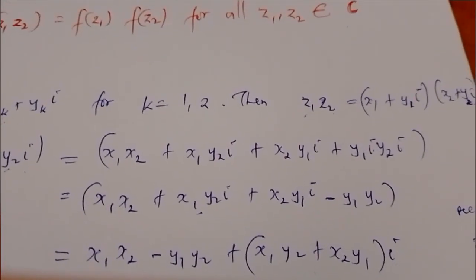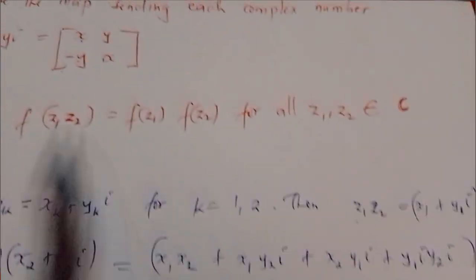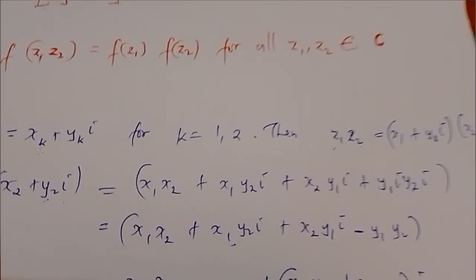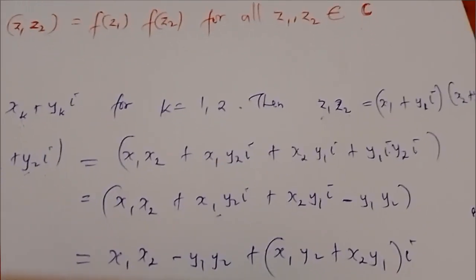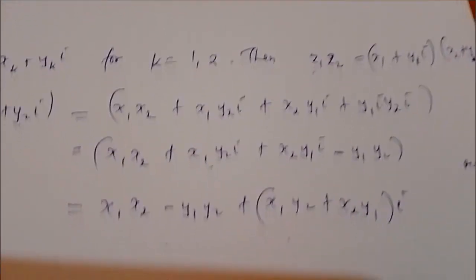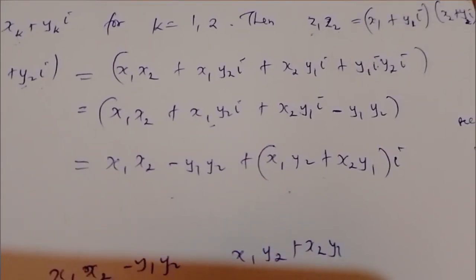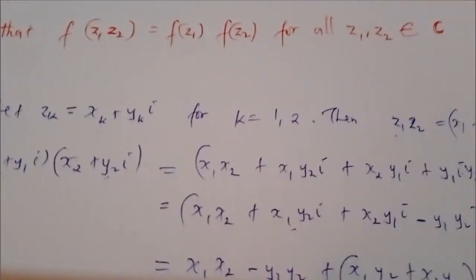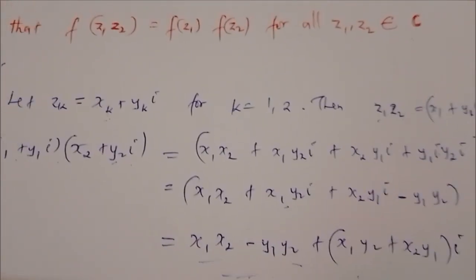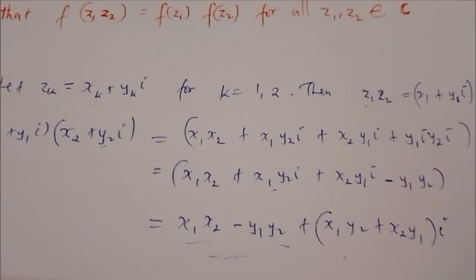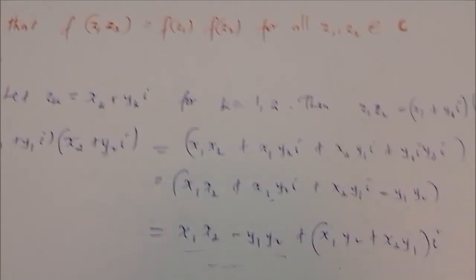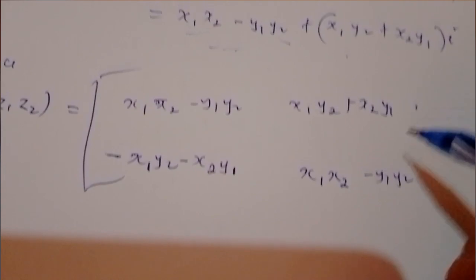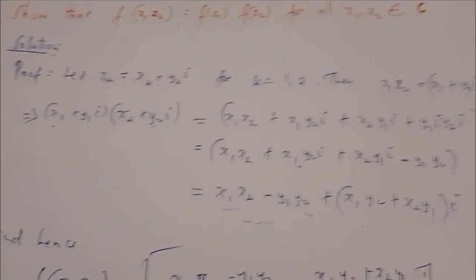Then here the negative of this, so it is minus x1 y2 minus x2 y1. Then here the real part, x1 x2 minus y1 y2. Are you getting the connection?